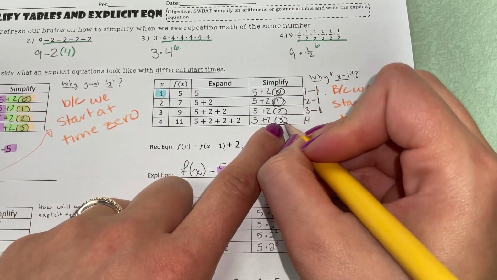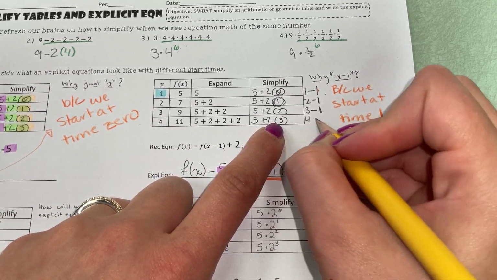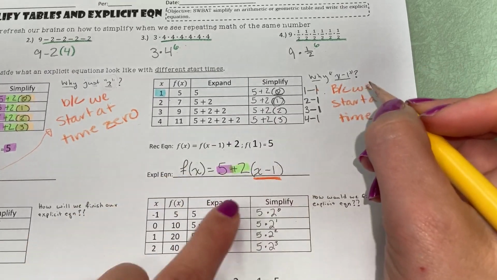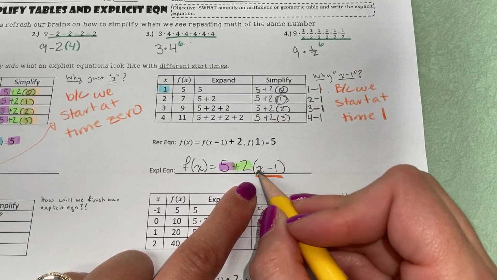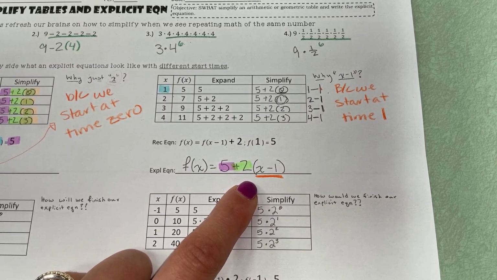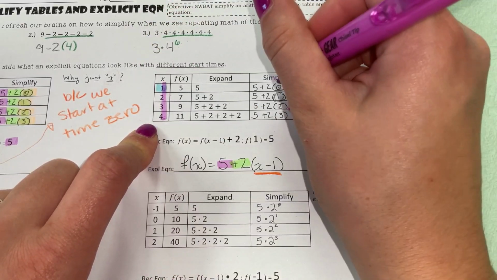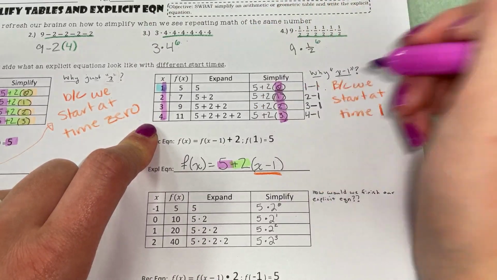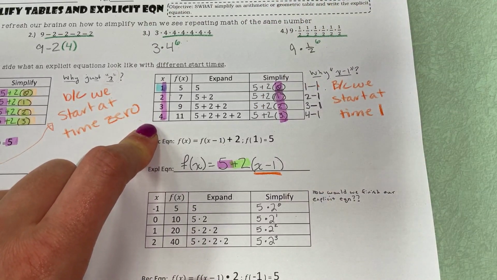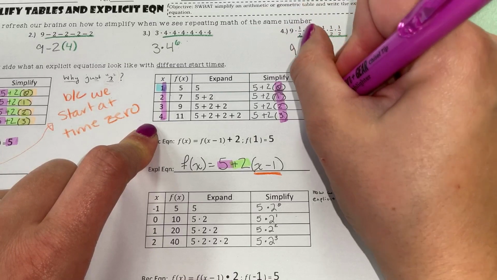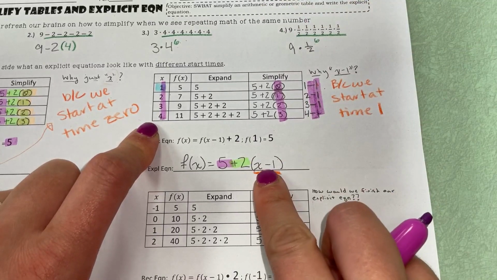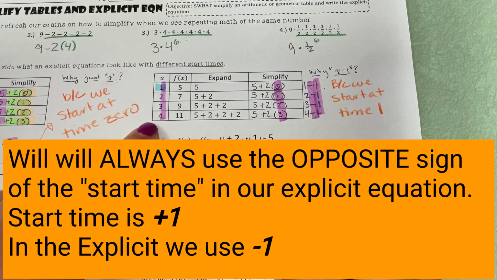However, we start with a 3 inside of our simplifying, so I have to minus that 1. So that is where this x minus 1 comes into play, is because in order for my x values to match with what I multiply by in my simplifications, I have to subtract 1 from those x values. So that's what this is standing for.